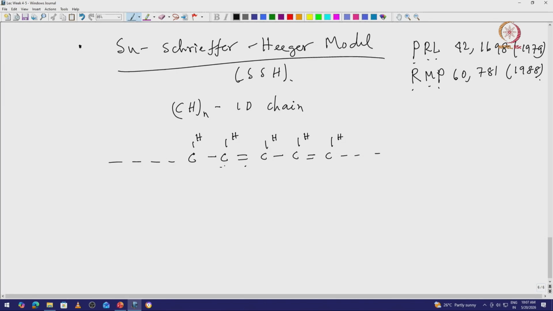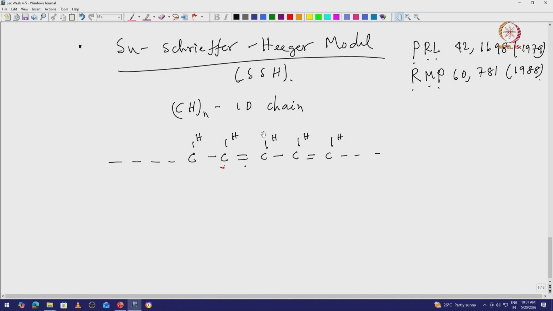Okay. So, now from a solid state perspective, this atom and this atom are different because their environments are different. So, we cannot draw a unit cell with 1 carbon atom and 1 hydrogen atom.